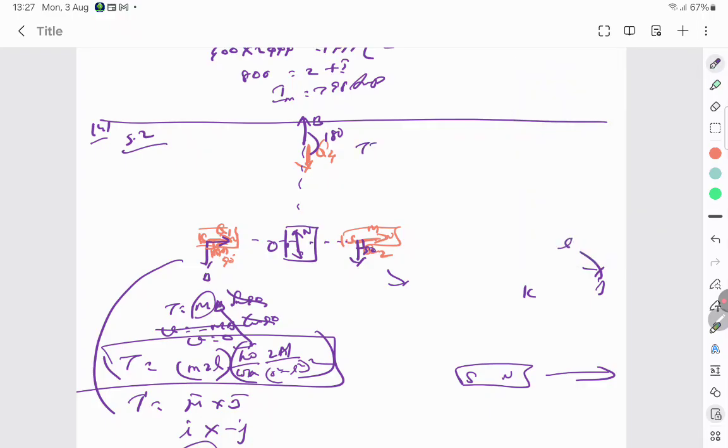The torque will be 0 because sine 180 is 0. Torque is MB sine 180, and sine 180 itself is 0. There is no torque. This magnet will not rotate. Then the potential energy is minus MB cos 180. Cos 180 is minus 1, so plus MB. This position stands for maximum potential energy, an unstable position.